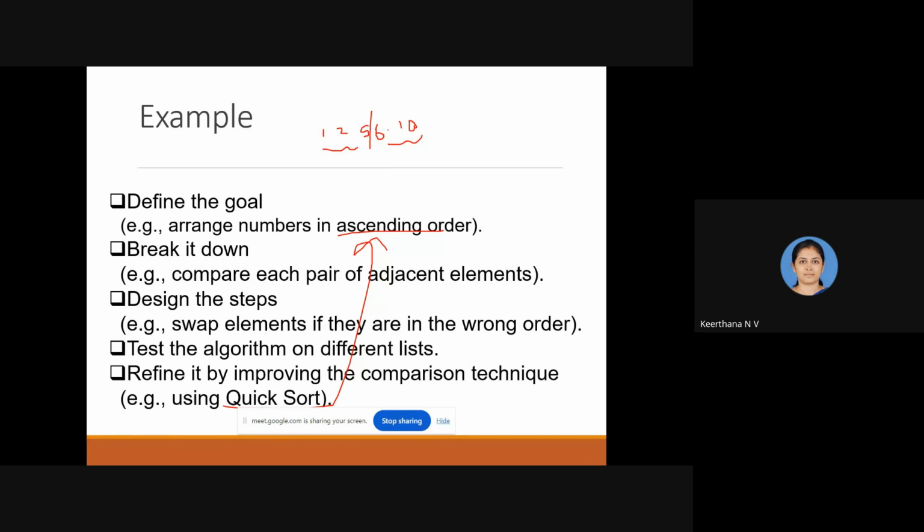For that, you have to write an algorithm for module 1 and an algorithm for module 2. The third one is you have to design a step. Here, quick sort will be working by comparing the first 2 numbers, then the next 2 adjacent numbers, going on up to 10 numbers. In this way, you are going to design the steps for writing an algorithm.